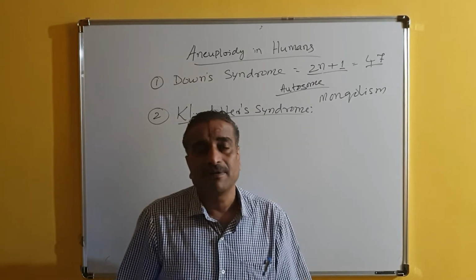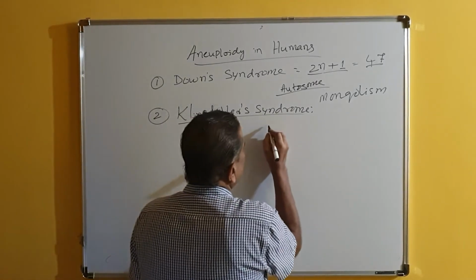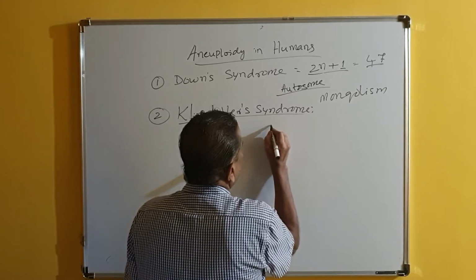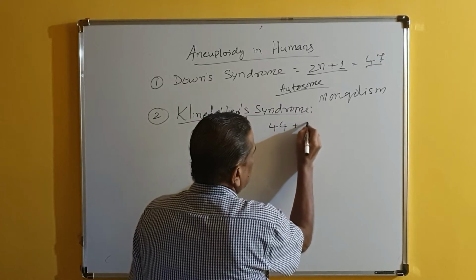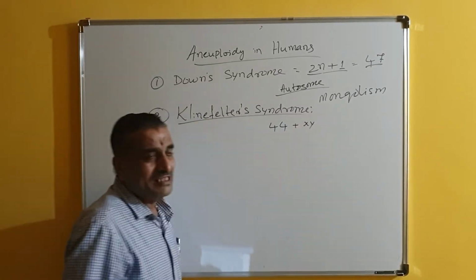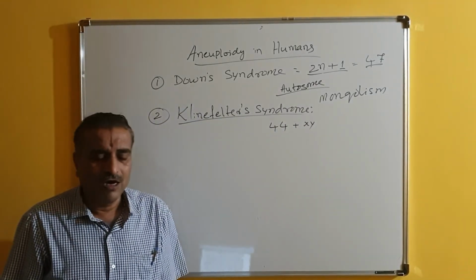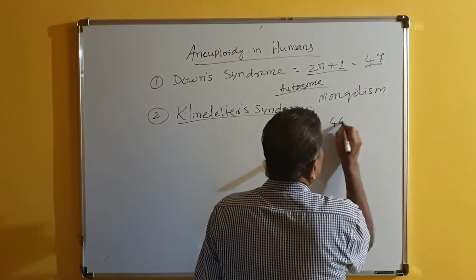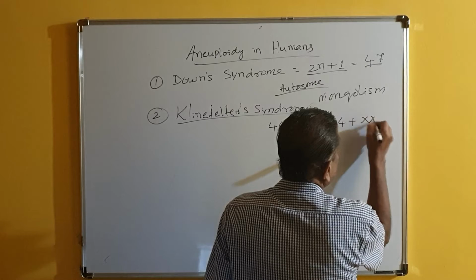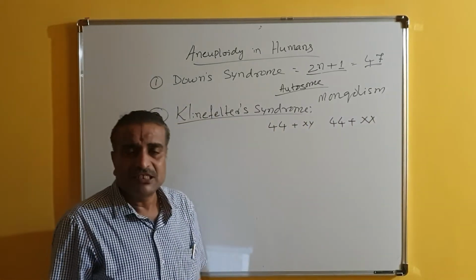So what happens here? A normal person has 44 autosomes in the body, plus XY. This is a normal male, and 44 plus XX is the normal female. That is the normal case.